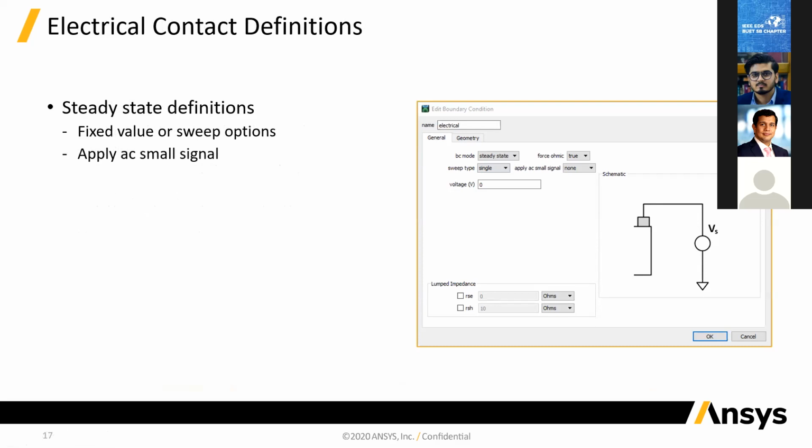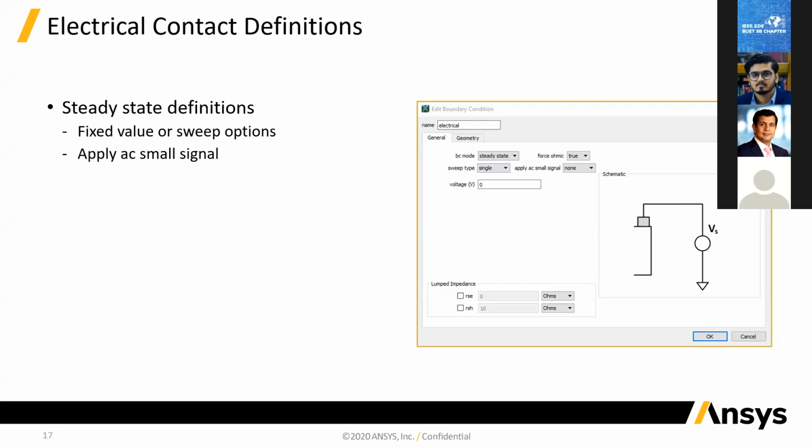When you're defining the electrical boundary condition, you can either keep a steady state for steady state simulations, you can apply a fixed value, or you can sweep your voltage. You can also choose to apply the small AC signal to a particular contact. For example, let's say you have a PN junction with two contacts, anode and cathode.